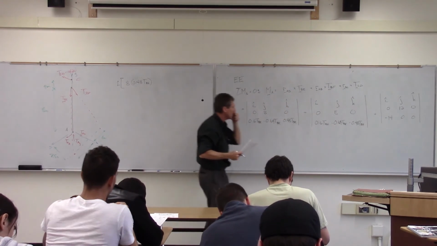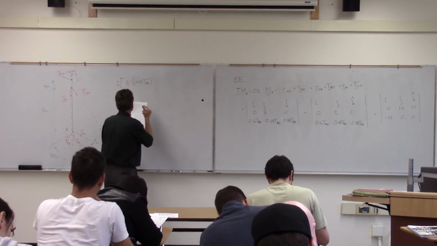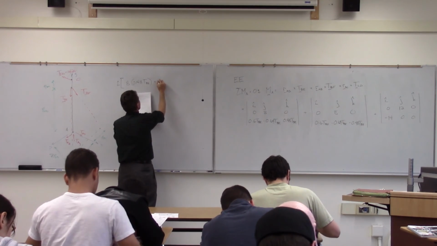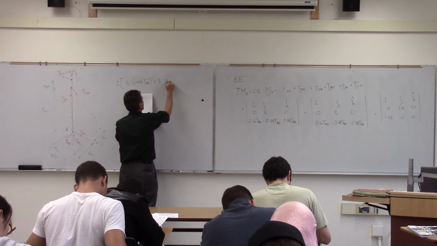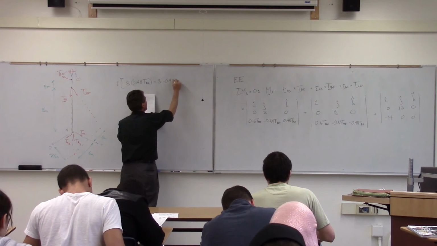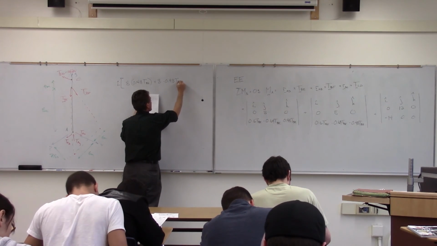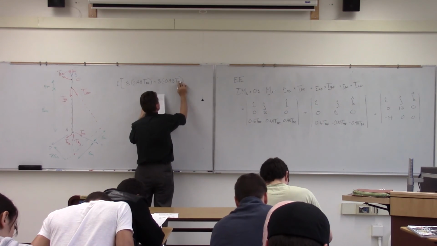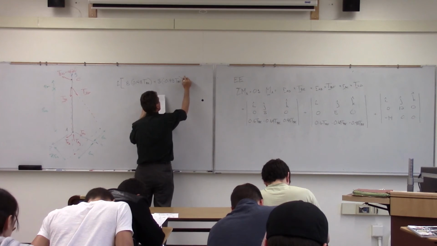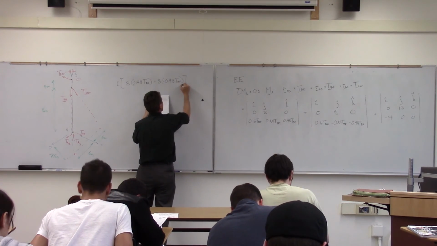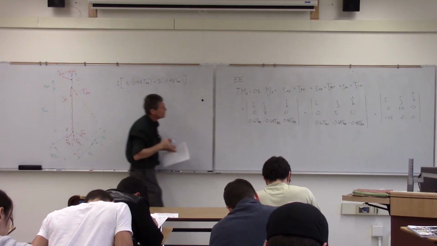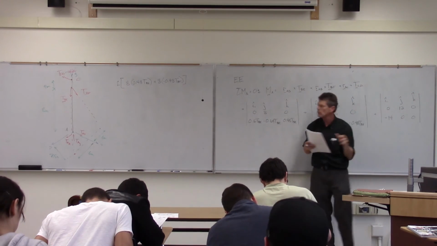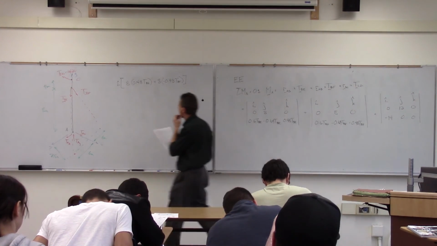Same thing with that one, except now we've got a minus sign on it. Oh, except that's BF. And then looking at our final piece, we hit a 0 that way, we hit a 0 that way, so there's no contribution there.